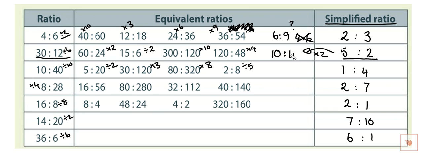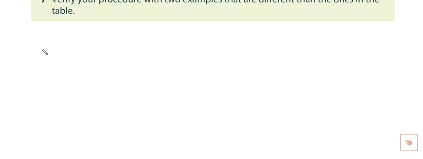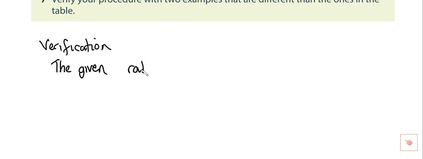That makes sense? So, let's just verify our approach. Because remember, this is the criterion B thing. We've got an idea. So if I say the given ratio is, well, actually, give me a ratio.